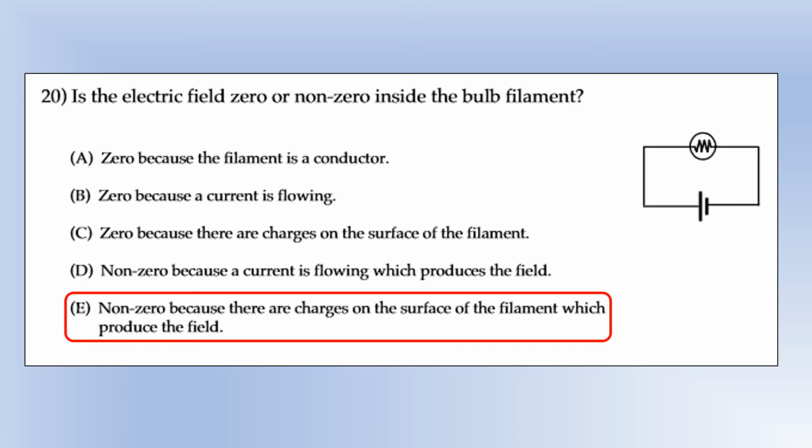There are charges everywhere in our circuit, each of them creating its own electric field. So anywhere there is a charge, there's going to be an electric field. So that answer makes the most sense. But option D doesn't make sense because moving charges produce magnetic fields, they don't produce electric fields.